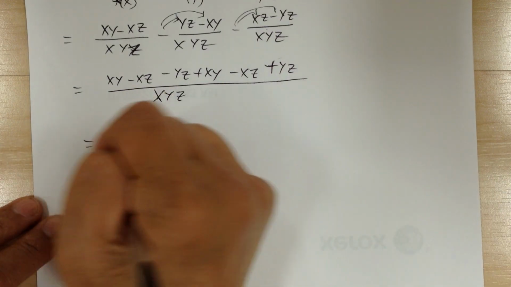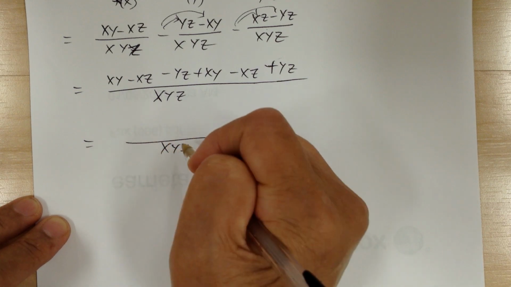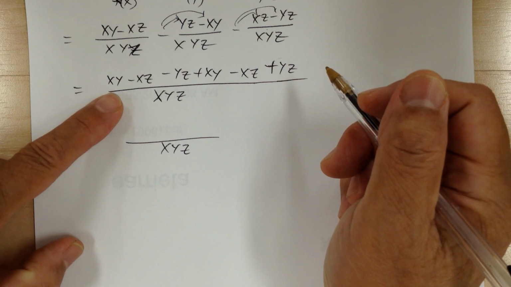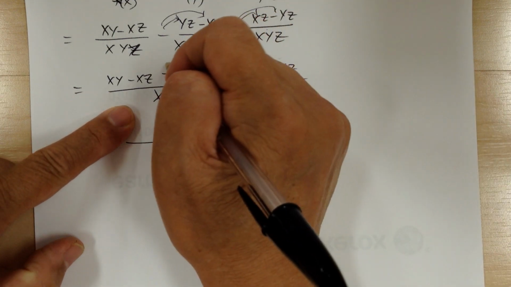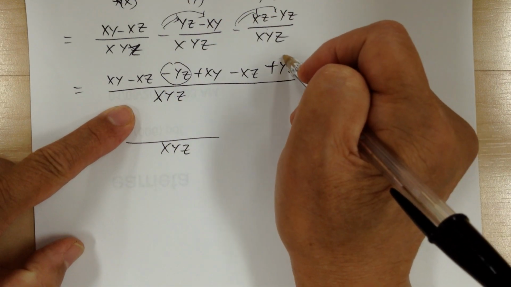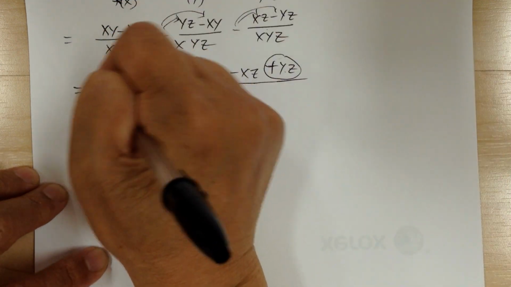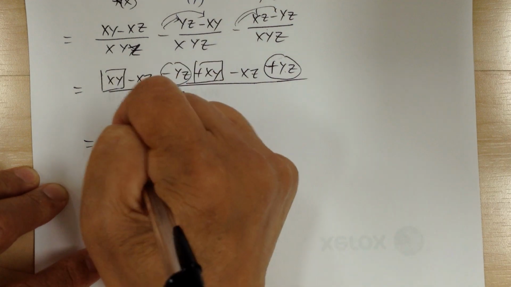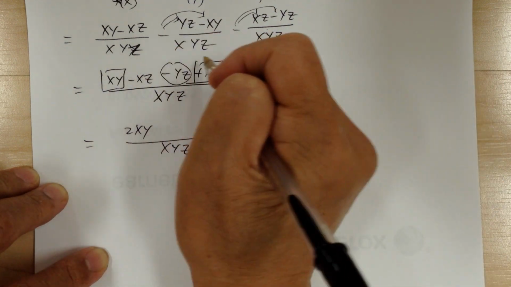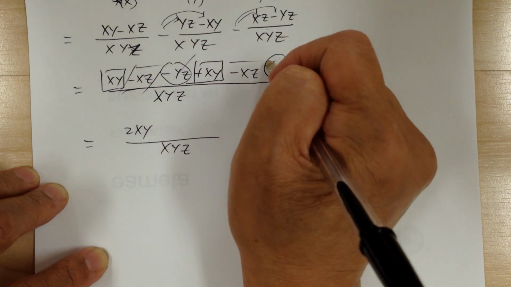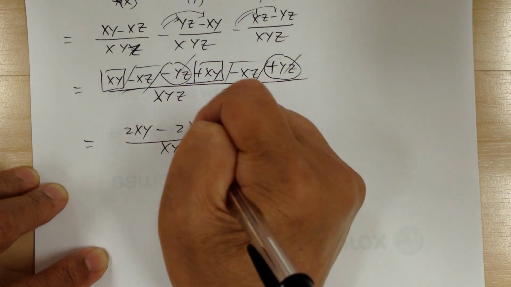Okay, so now let's combine the like terms. Okay, so yz minus yz plus yz cancel out. Let's add this together. So I get 2xy, and this one cancels out, and this one minus 2xz.